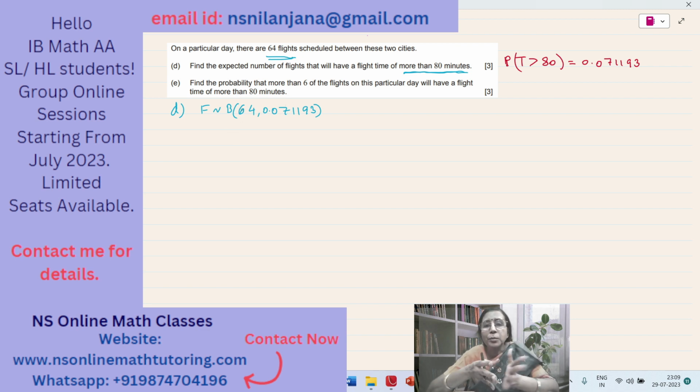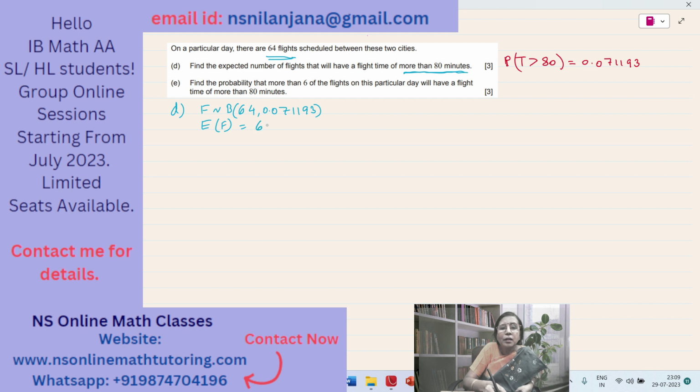F gives the number of flights which have the flight time more than 80 minutes. So the expected value of F should be equal to N times P.